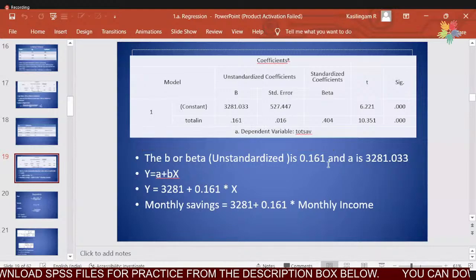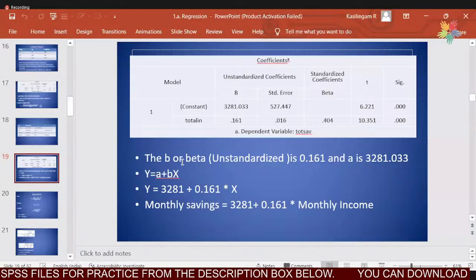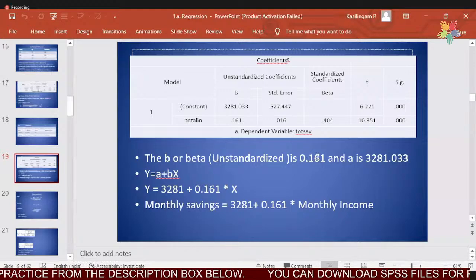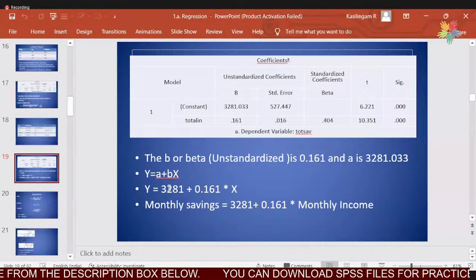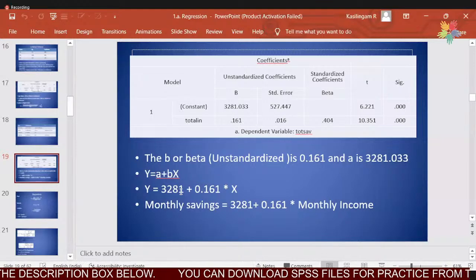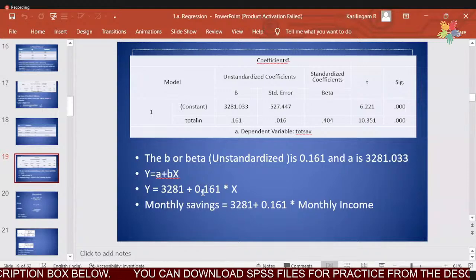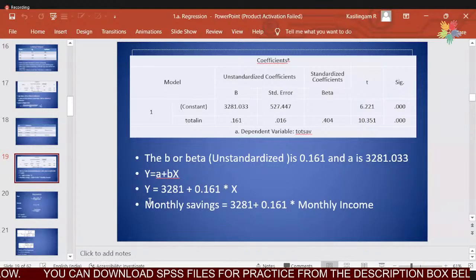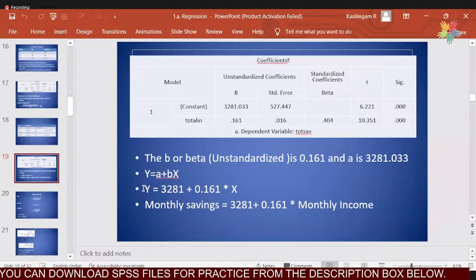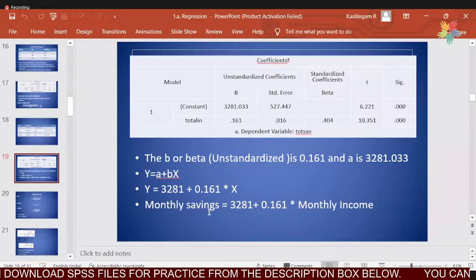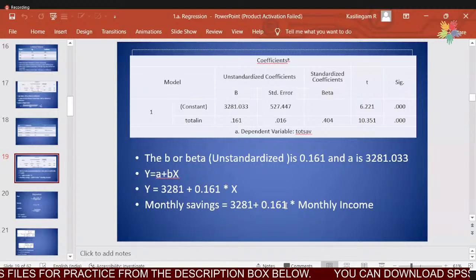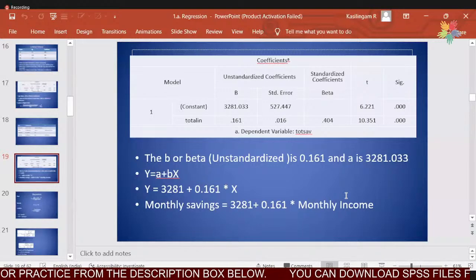A is 3,281.033. Beta, otherwise unstandardized beta, is 0.161. So y is equal to 3,281, ignoring the decimal, plus 0.161 into x. Let me put the variable names: y is monthly saving, which is equal to 3,281 plus 0.161 into monthly income, right?